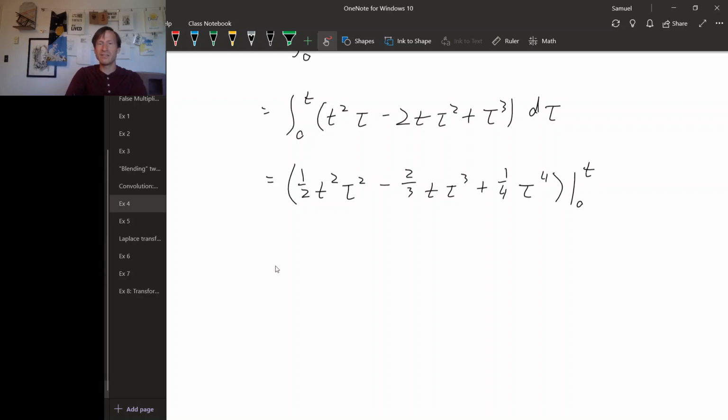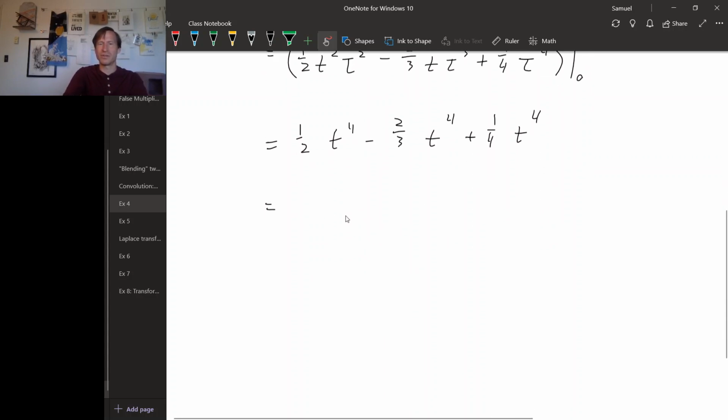Of course, when we plug in 0, we get 0, so let's plug in t. We're going to get 1/2 t to the 4th minus 2/3 t to the 4th plus 1/4 t to the 4th. So we're going to get some multiple of t to the 4th here, right? We just have to do some fraction arithmetic.